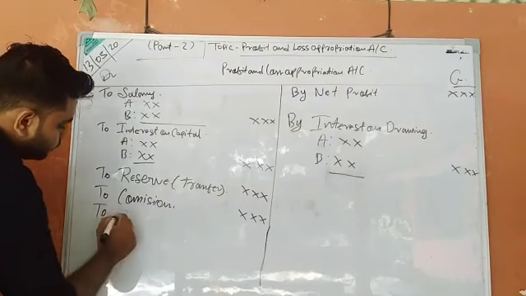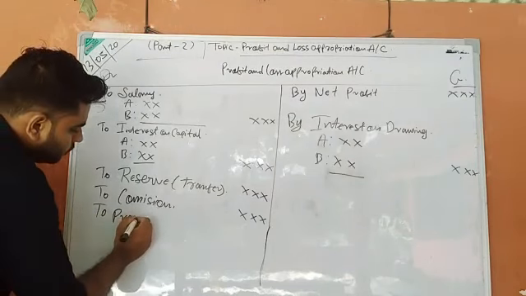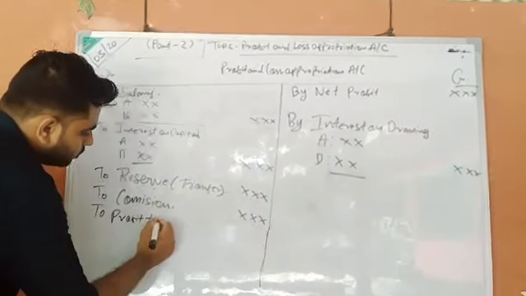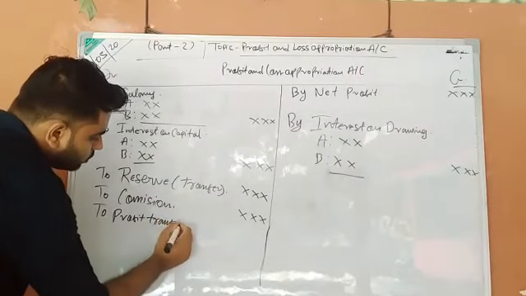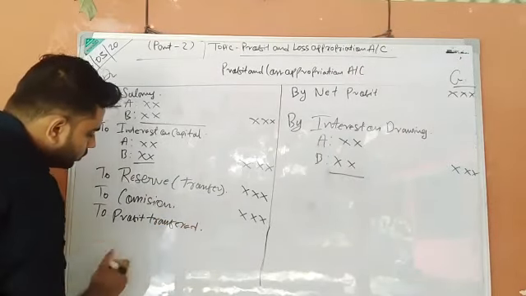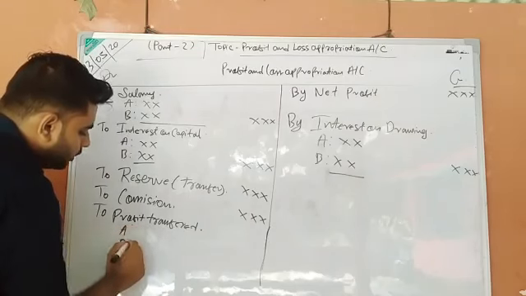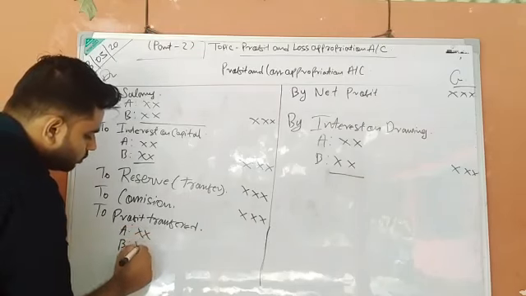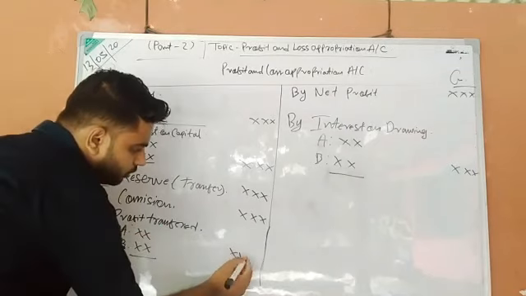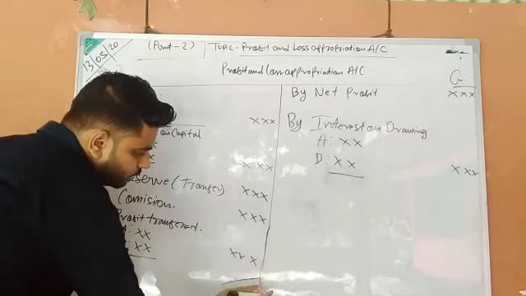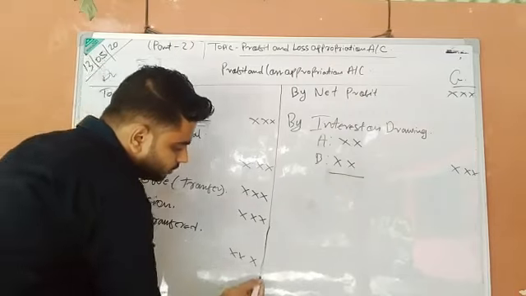So we write to profit transferred. What are the partners' names? A and B. So the profit will be transferred to A and B, whatever profit is there after deducting all these expenses.